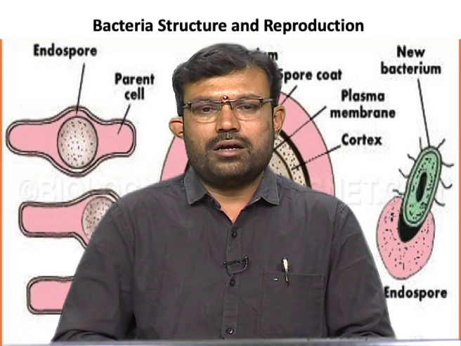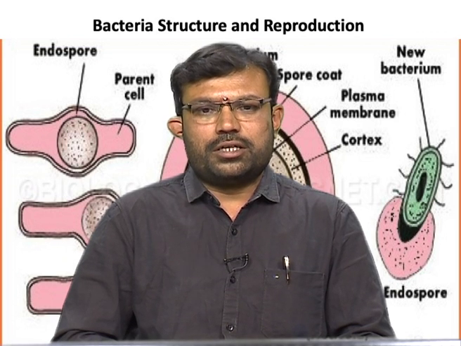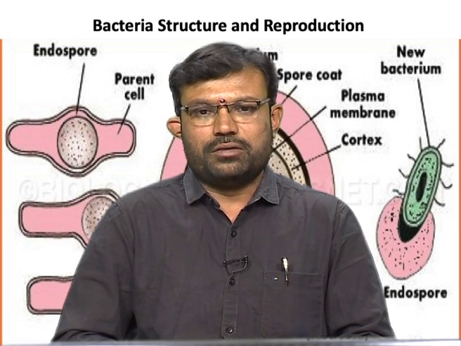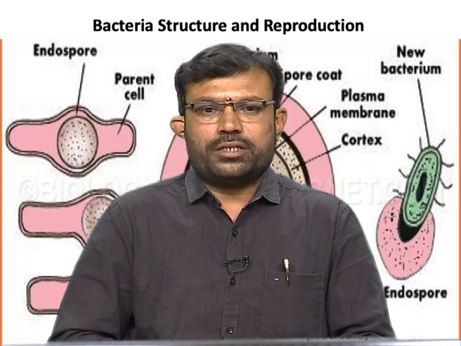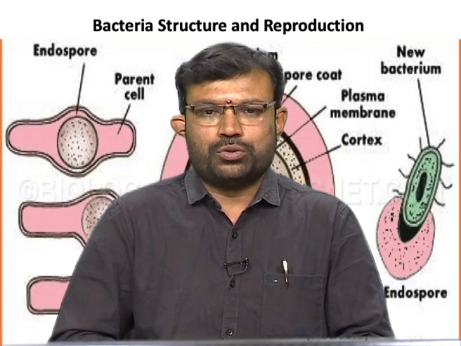In bacteria, another genetic material present is called plasmid. And reserve food material is stored in the form of glycogen.